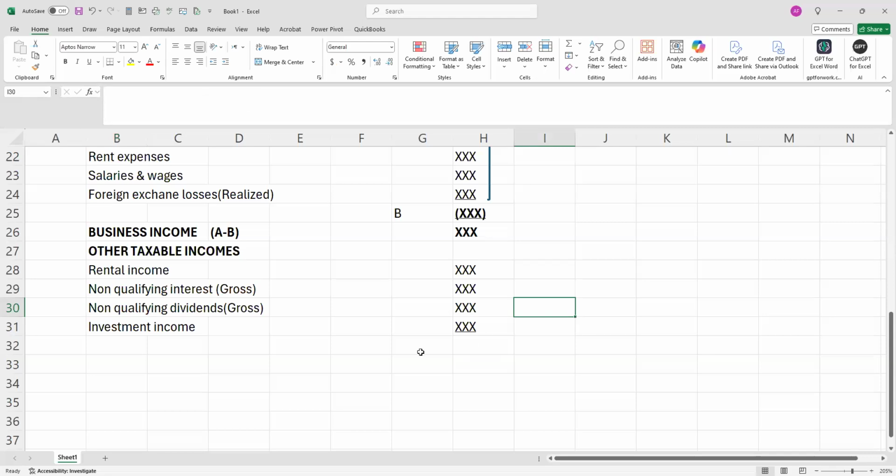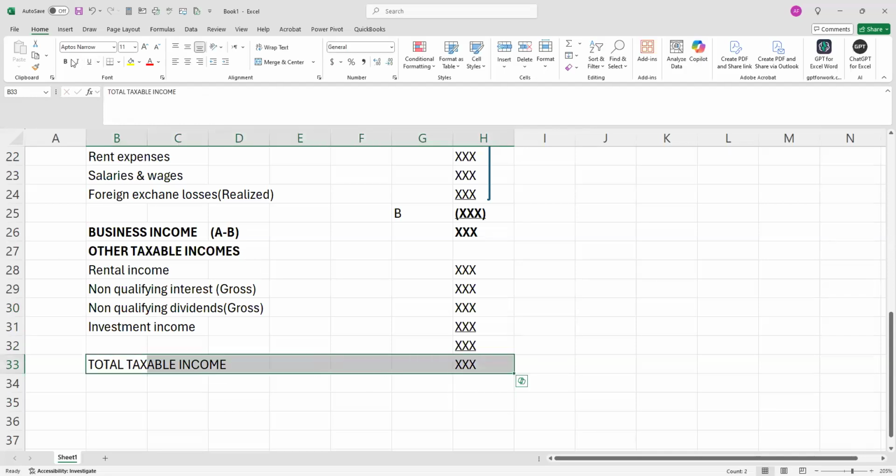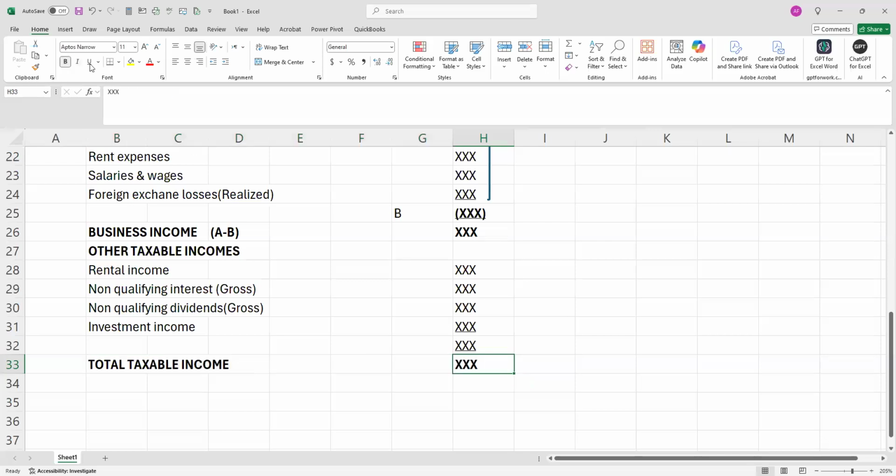So that at the end of the day, determining our total other incomes, we can comfortably say our total taxable income would be this.